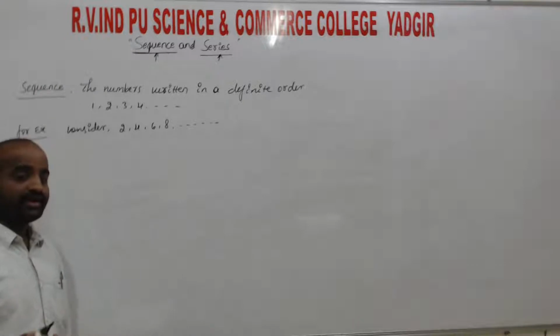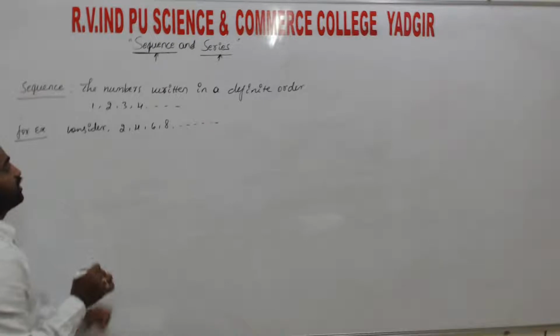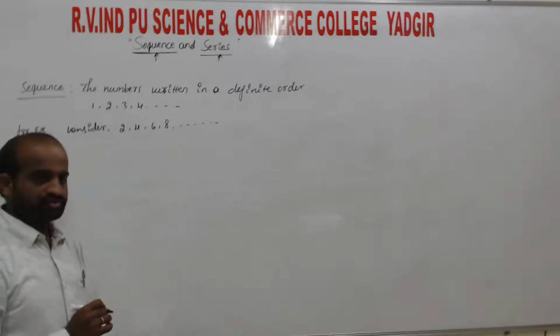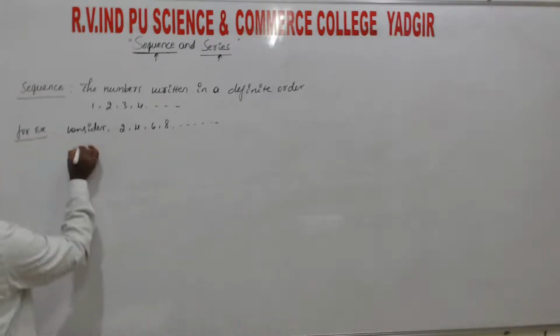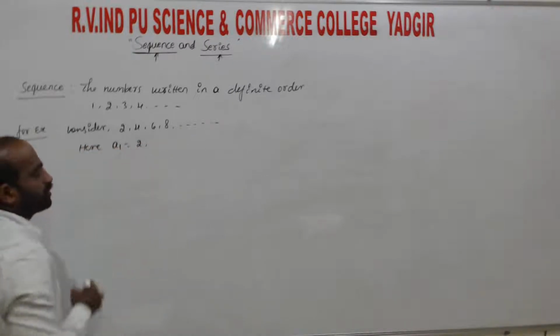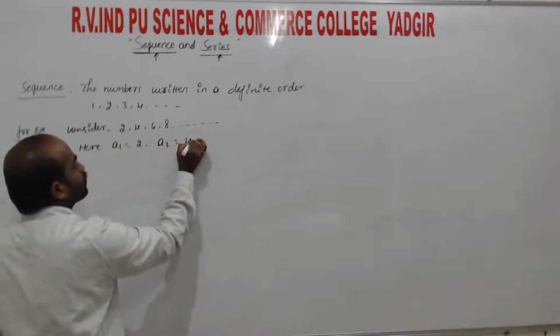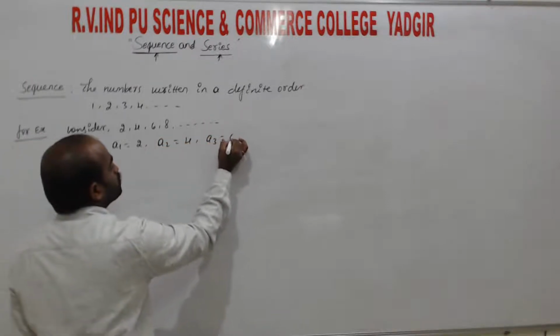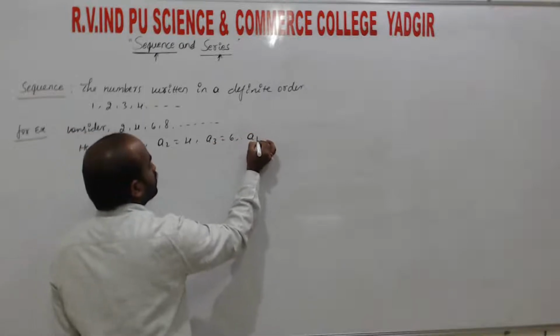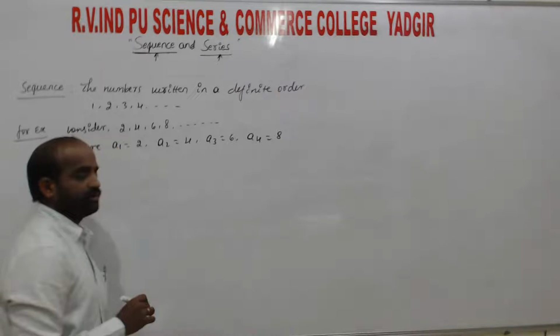How to find the nth term? Consider the even natural numbers. Here A1 is equal to 2, A2 is equal to 4, A3 is equal to 6, A4 is equal to 8, and so on.